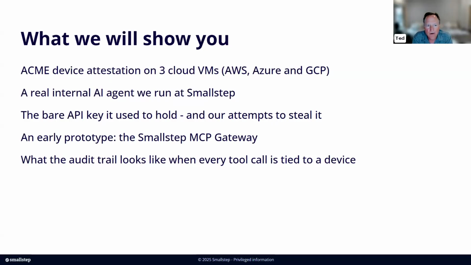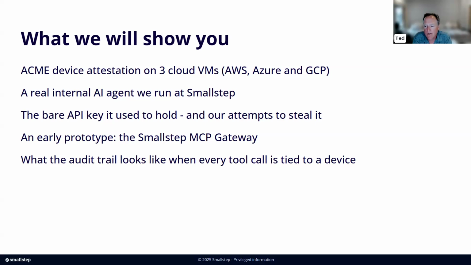So today, what we're going to show you is ACME Device Attestation, which is an IETF spec that Smallstep helped author with Google. It's a way to securely enroll a device or a virtual device, virtual machine, into a Smallstep account, and it stores the credentials for that enrollment in either a TPM or a secure enclave, which are specifically designed to prevent those secrets or credentials from being exposed.